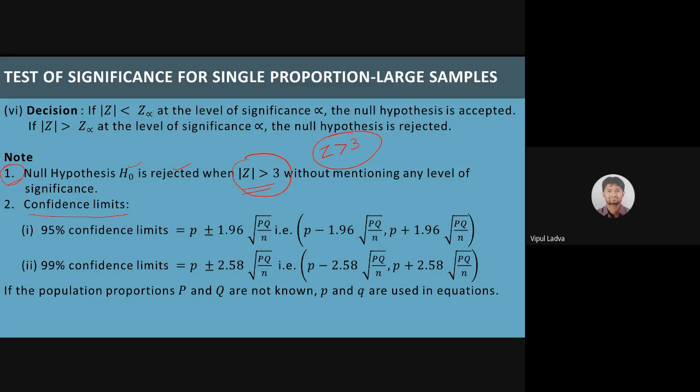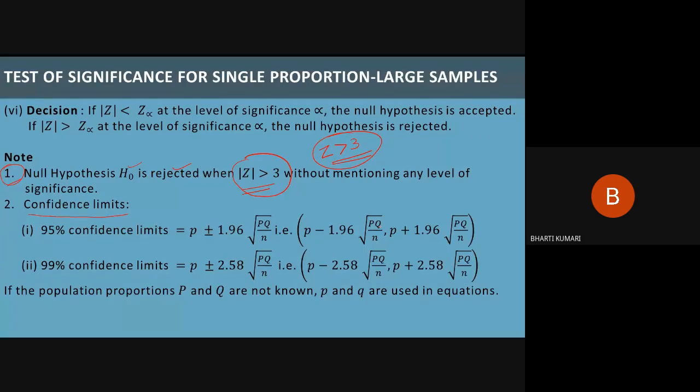If the Z statistic value comes out greater than 3, I will not compare it with anything. I will directly, straightforwardly reject that null hypothesis. May I ask why I have written it like this? Can anyone reply on that? Quickly. Nidhi, Bharti, Pavdeep, Rishabh, any of you?